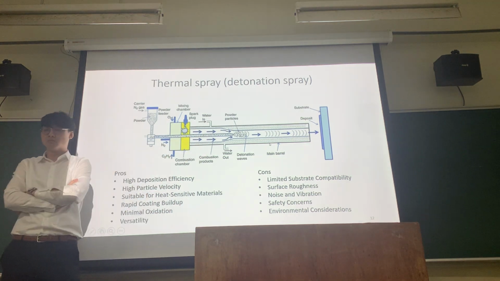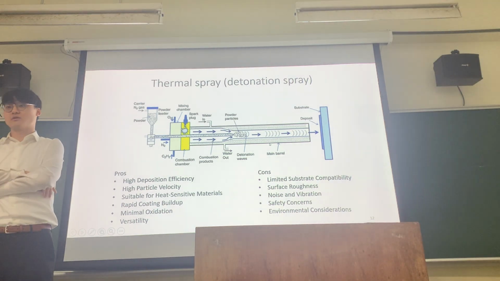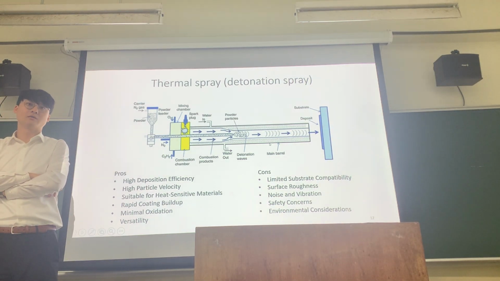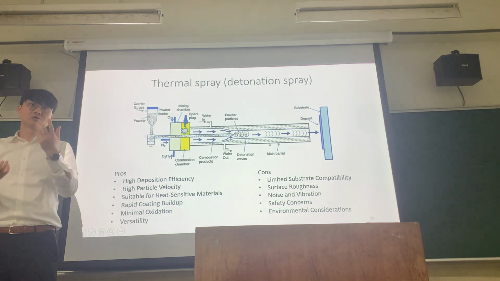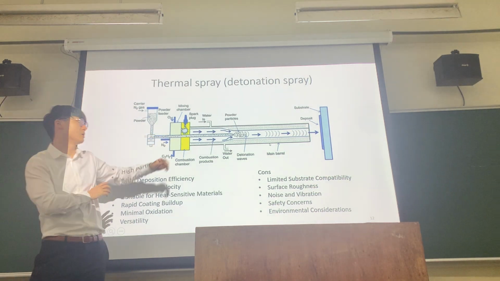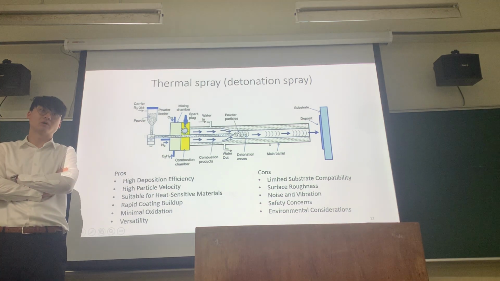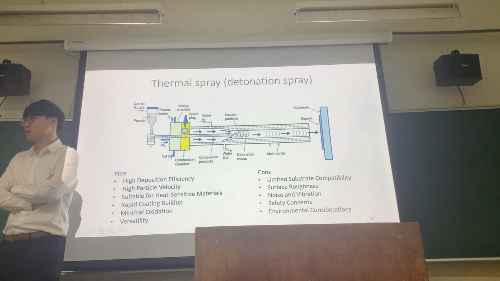So think about your automobile car when you combust, right? You have this organic stuff in your combustion chamber. You burn it up and then you push your car, right? So again, this is similar to that where you have a pulse dynamic. So this is detonation spray, right?